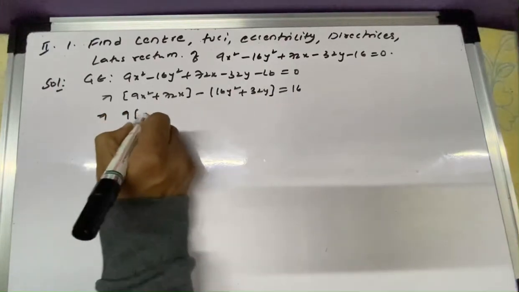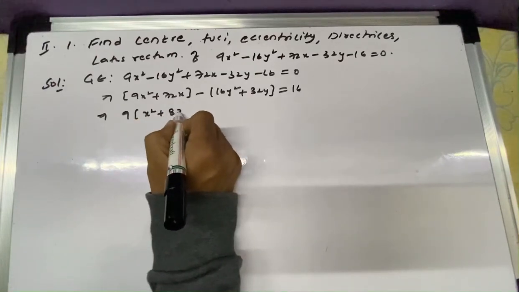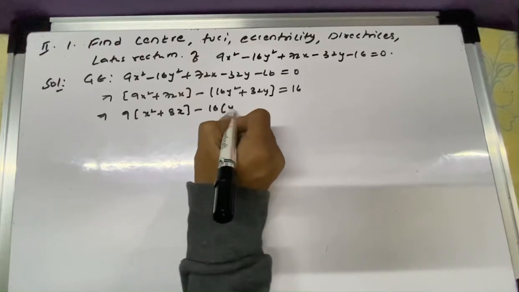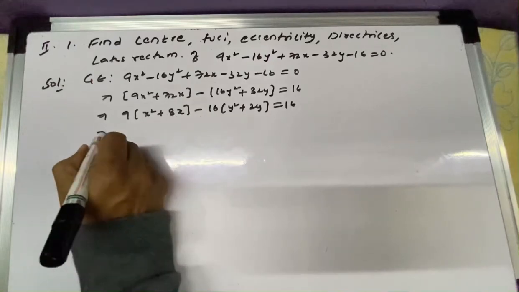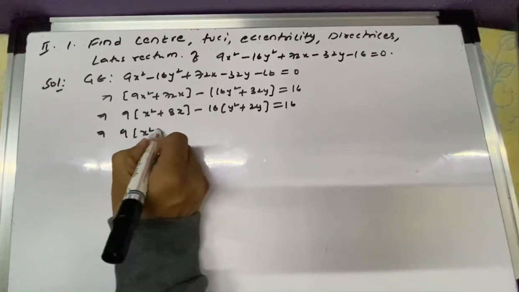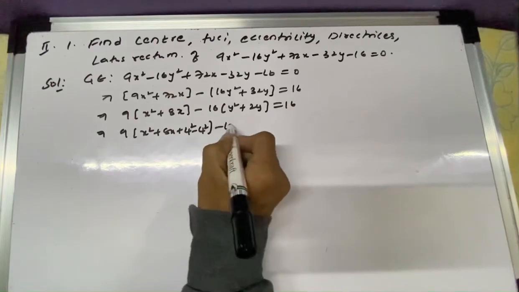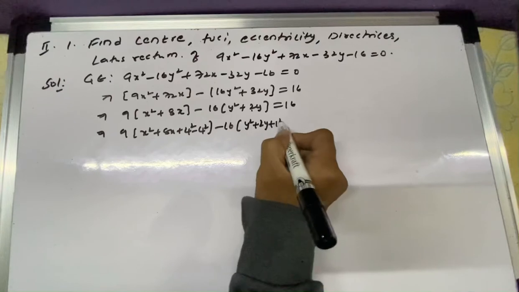Take 9 common, 9 8 times, 16 common, 2y, then half of 8 is 4, plus 4 square minus 4 square, half of 2 is 1, plus 1 square minus 1 square.